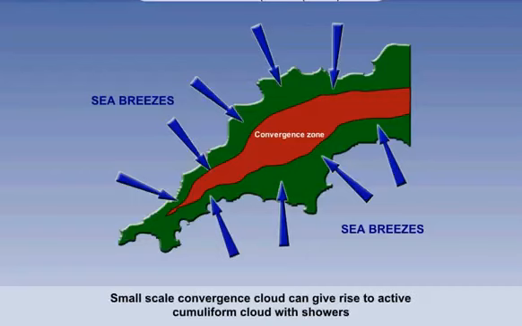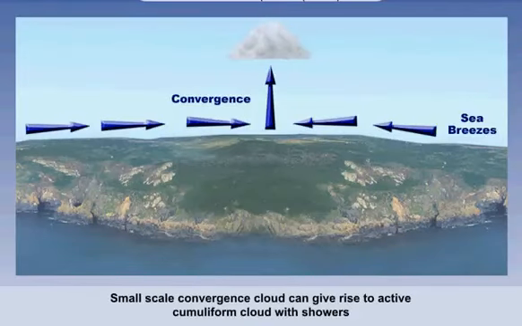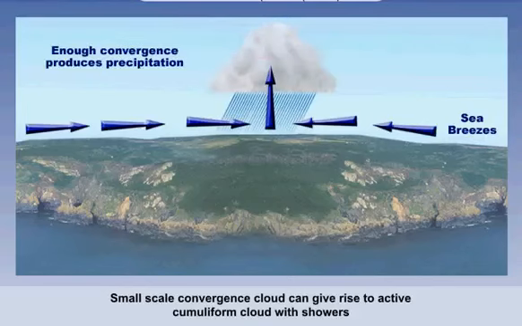So what will happen as a result of this convergence? The convergence at low levels forces the air to rise, and we know what happens when air is forced to rise. It cools adiabatically, and eventually cloud will form as the water vapour condenses out. In some cases, the uplift due to convergence is strong enough to produce precipitation in the form of showers or even give thunderstorms.